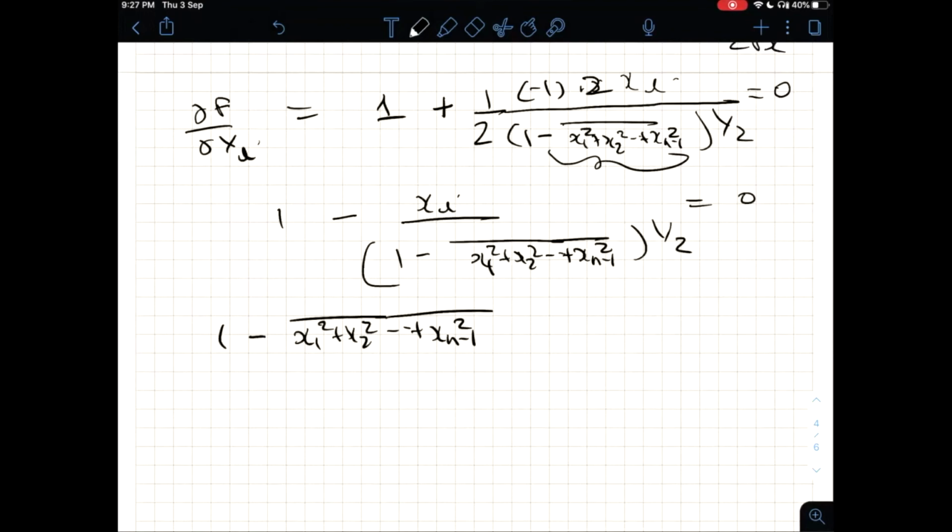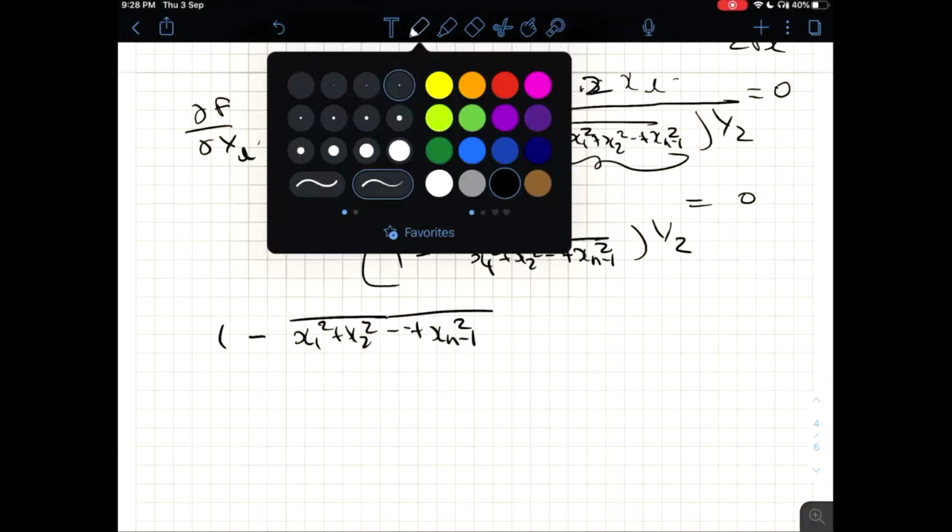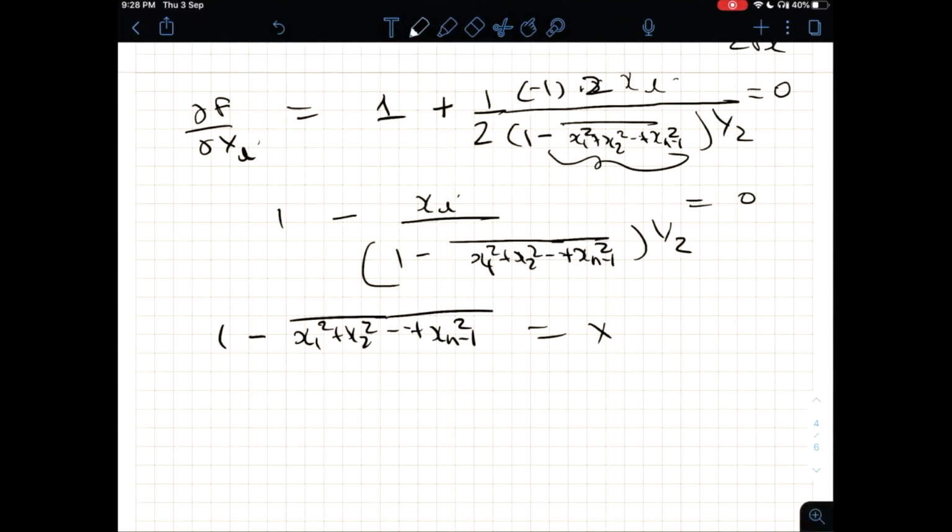I mean, I'm taking the whole of this term to the right hand side here, and then moving it up to the numerator and squaring it. So therefore, this should become equal to xi square, and i is varying from 1 to n minus 1.